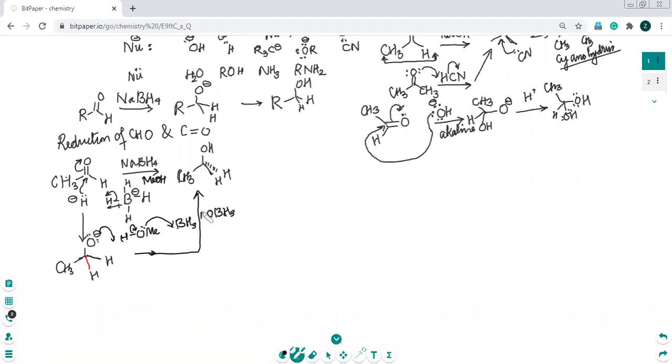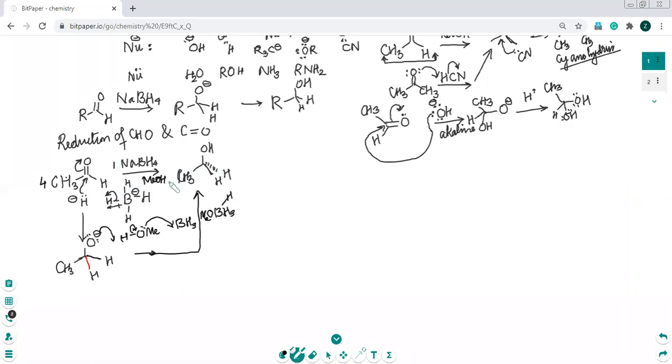Now you have 3 more hydrogen atoms on this molecule, which also can be used for the reduction purpose. So this reagent will use 1 more hydrogen for the reduction, followed by 1 more, and all 4 can be used for the reduction. So in fact, you can take 4 moles of the substrate and 1 mole of this reagent will give you the alcohol.